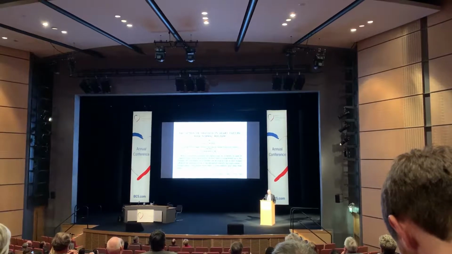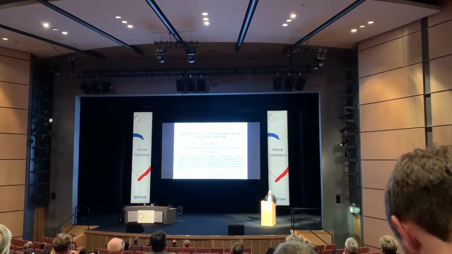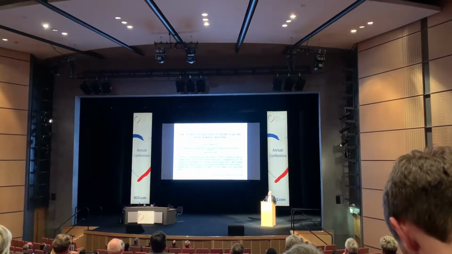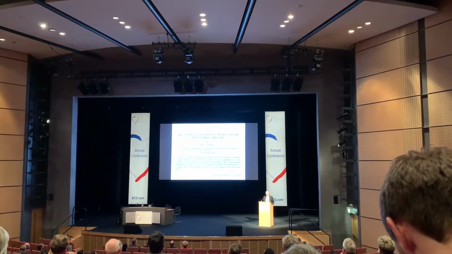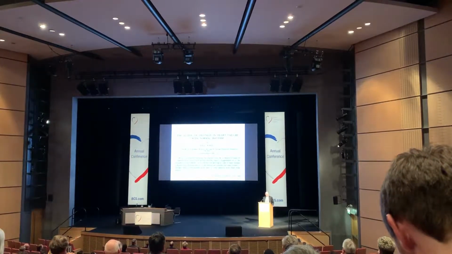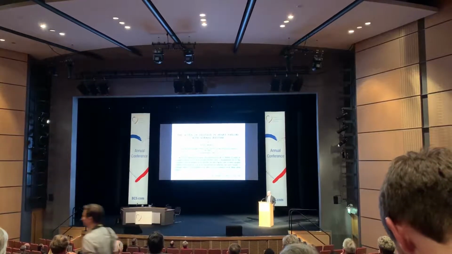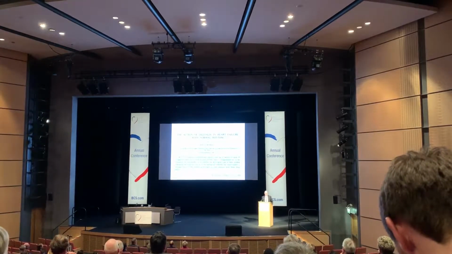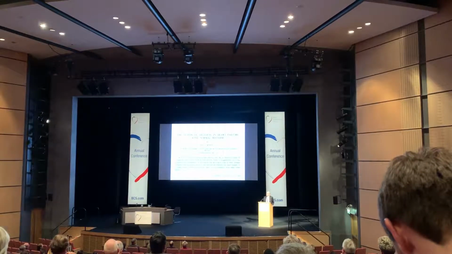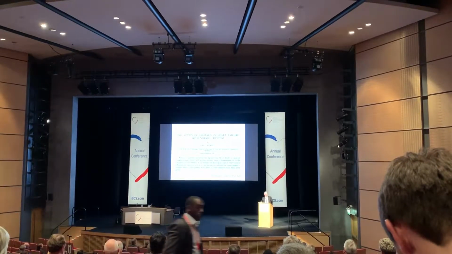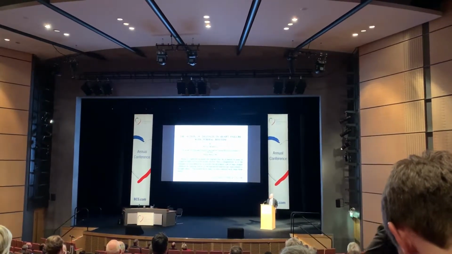This is the first actual description that digitalis had a positive inotropic effect. This was not an animal model. This was done in patients. It was done using circulation time as a primary measure.